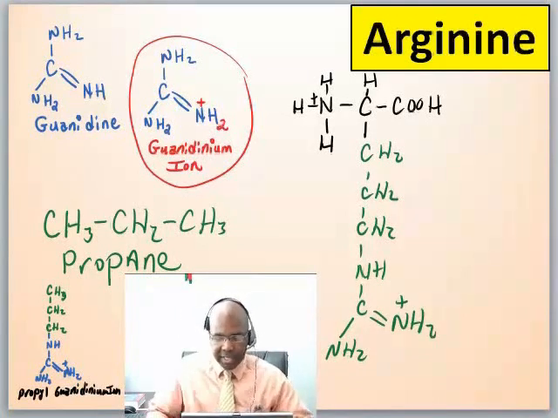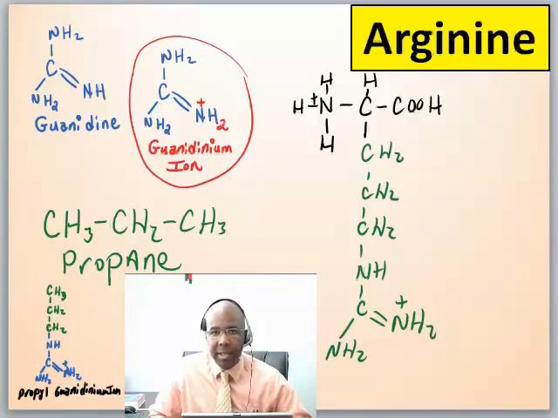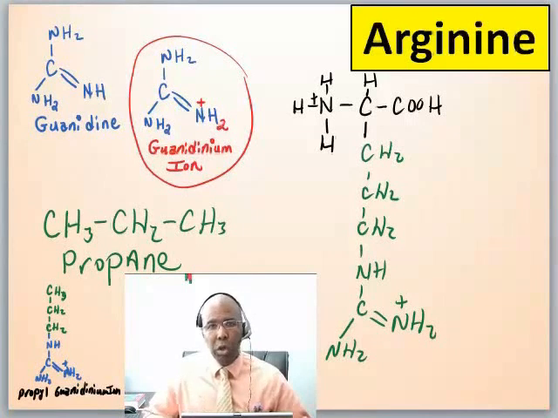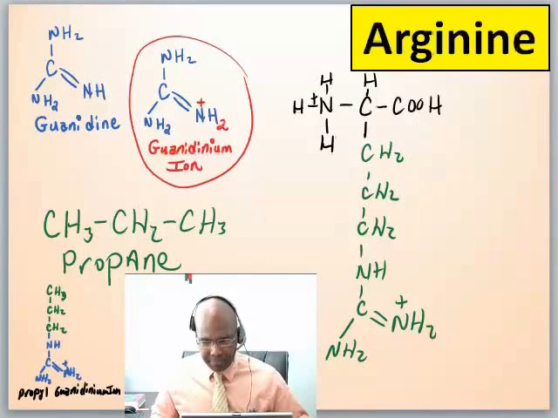And this is the amino acid arginine. So now we need to come up with some sort of association between arginine and the propyl guanidinium ion.